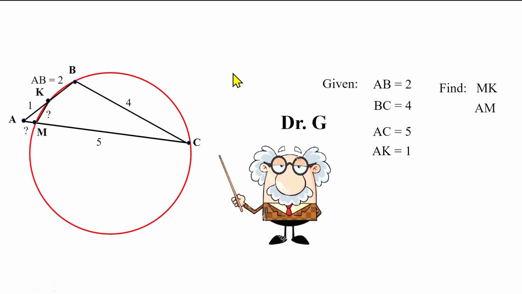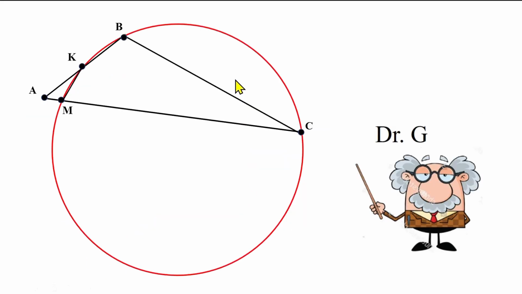To start consideration of the problem, I will first increase the size of the picture. And now I would like to mention the following. Angle A is a common angle in triangle KAM and BAC. Angle K here looks equal to angle C, and angle M looks equal to angle B. Of course, it is only our assumption, it is not a proof.